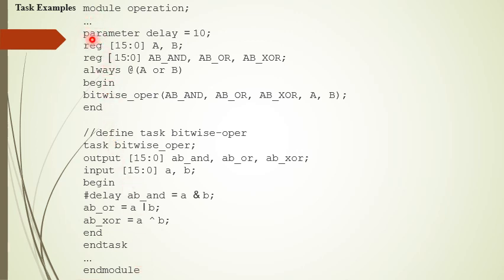Here I have a parameter declared named delay, and I've assigned a value of 10 to it. I declare two registers A and B, which are 16-bit wide. Similarly, I declare another three registers for holding the output of each operation, that is AB_AND, AB_OR, and AB_XOR.